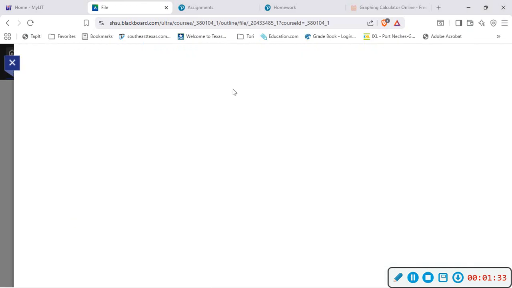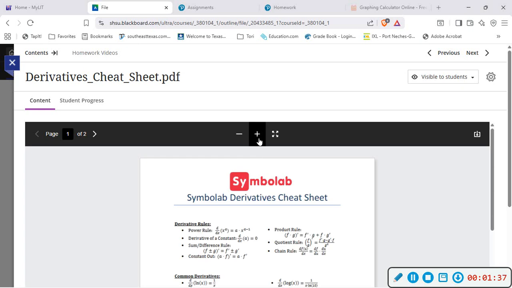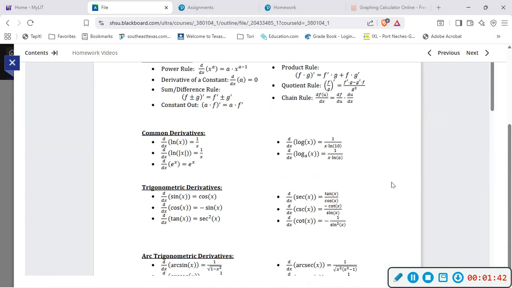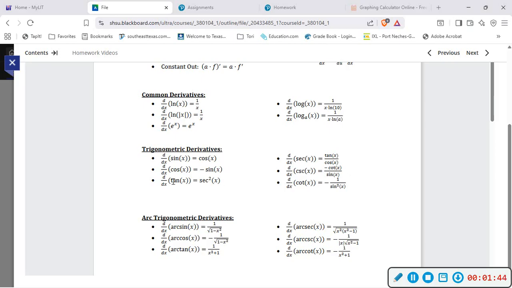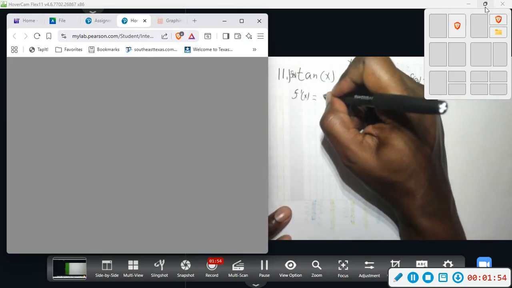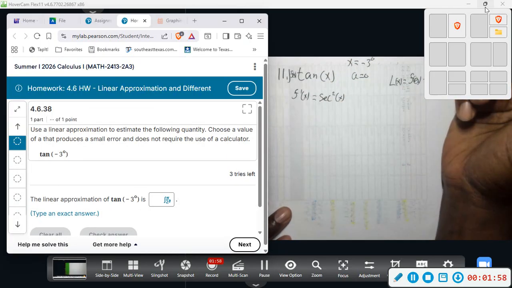They're both pretty similar. Sometimes they give a different form, but they're all equivalent. The derivative of tangent is secant squared x. So we'll write f prime of x equals sec squared x, our derivative.